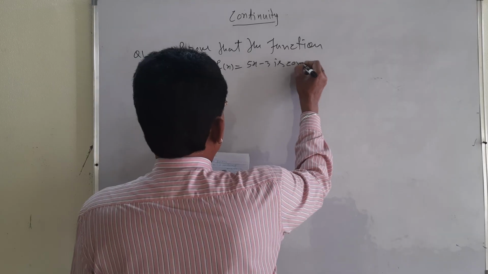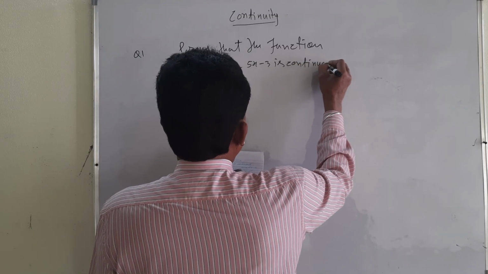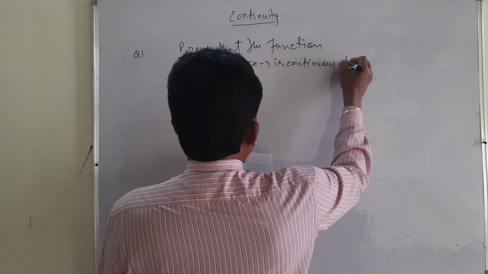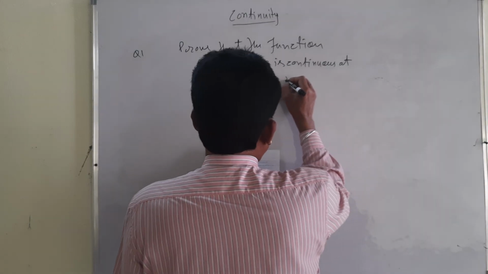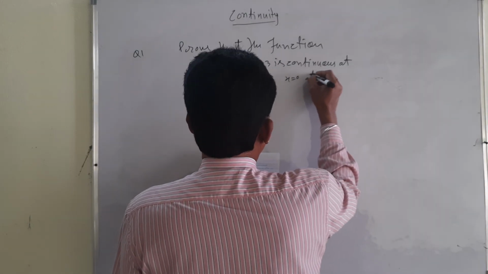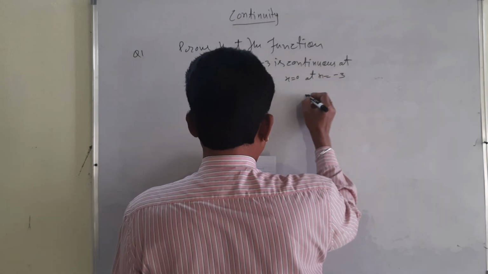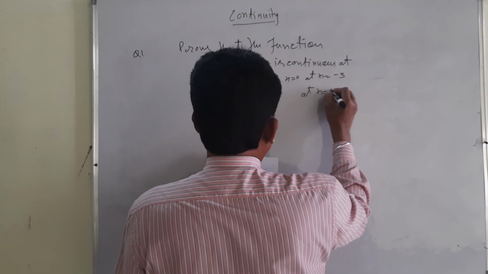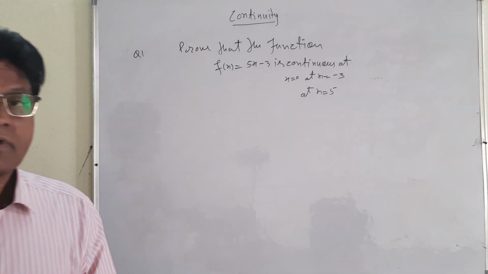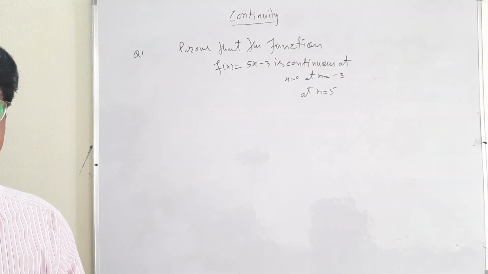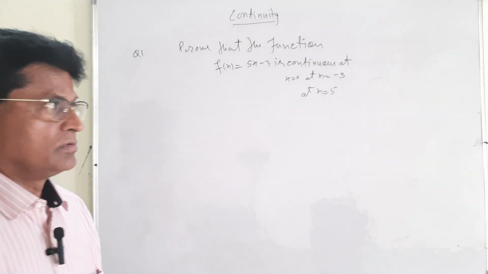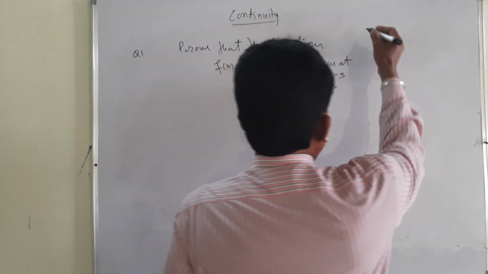The function f(x) is continuous at different points: x equals 0, x equals -3, and x equals 5. Different points are there, and I told you the condition.